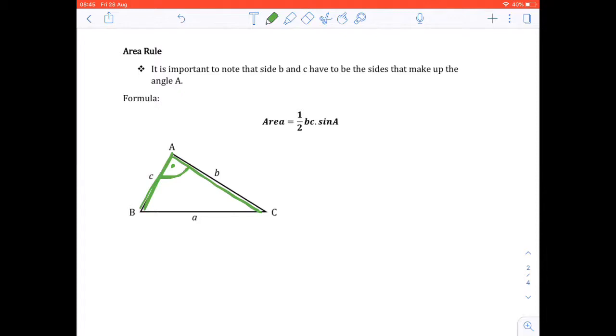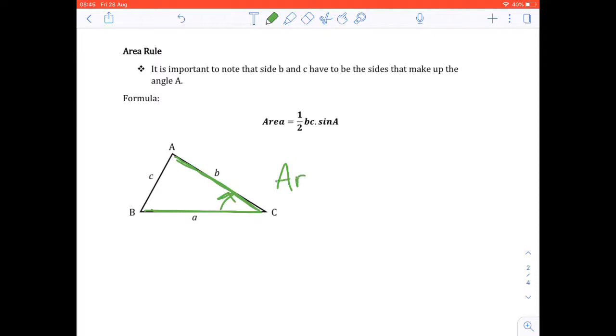This formula can logically be written a different way if we're working from a different perspective. For example, if we're working from angle C, then that becomes the critical point, and we're working with the two sides that meet to make it.